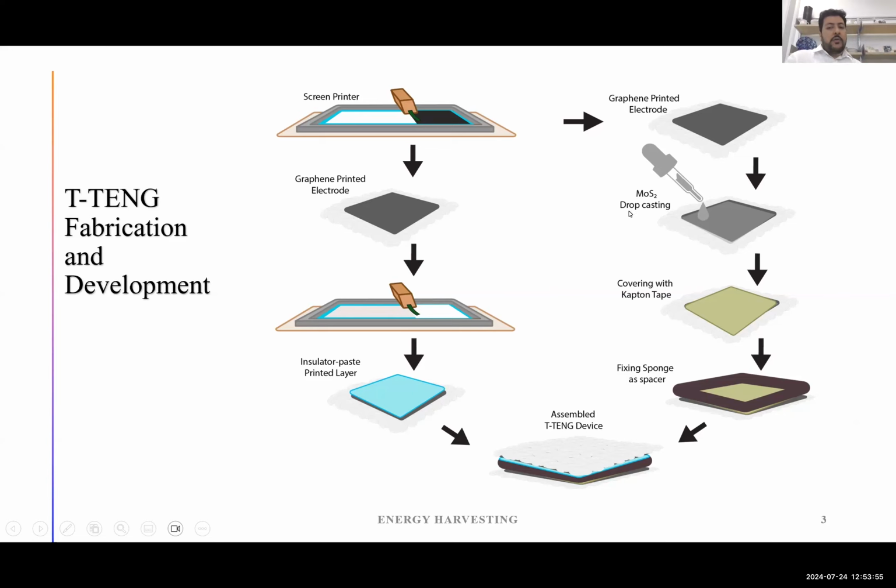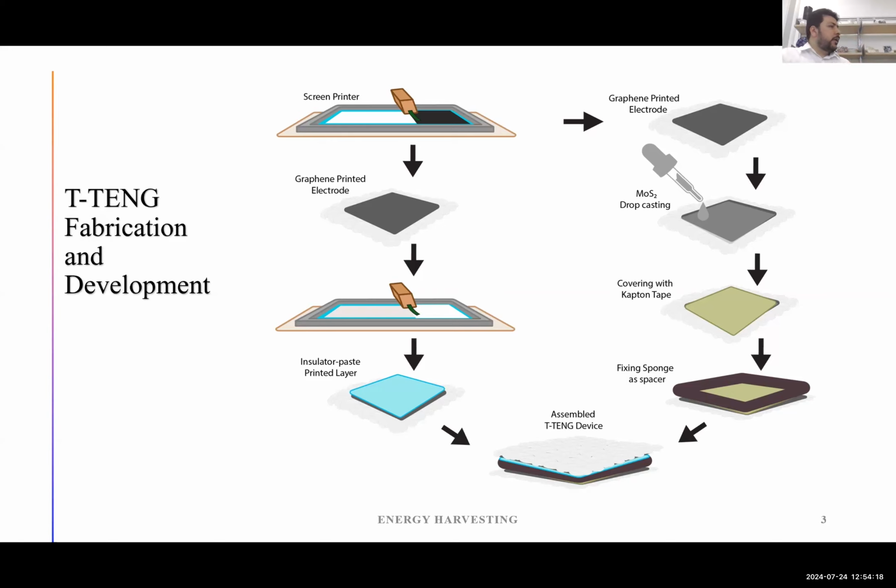In another approach, we enhanced the result by using another 2D material, molybdenum disulfide, which we drop casted over graphene. Then for the other triboelectric layer, we used Kapton tape, and then combined these two layers.